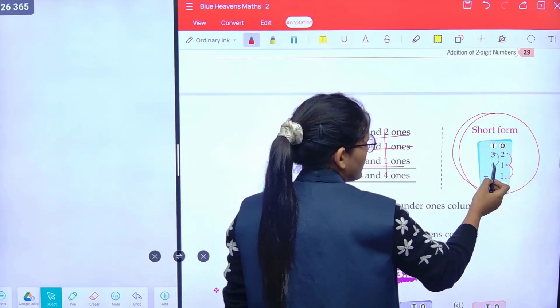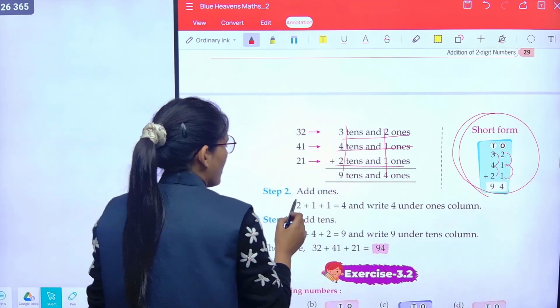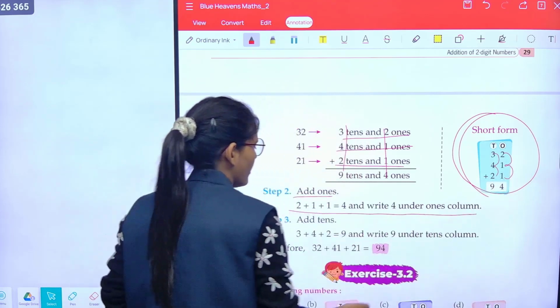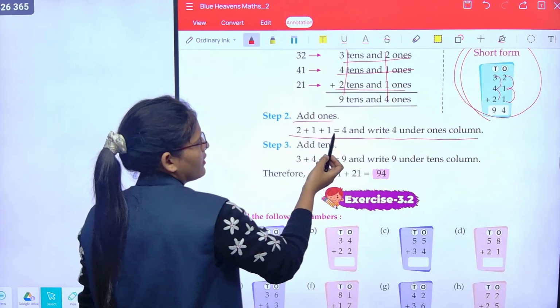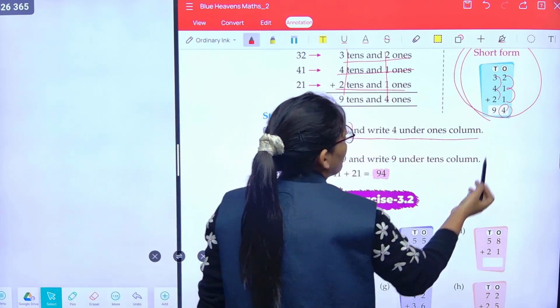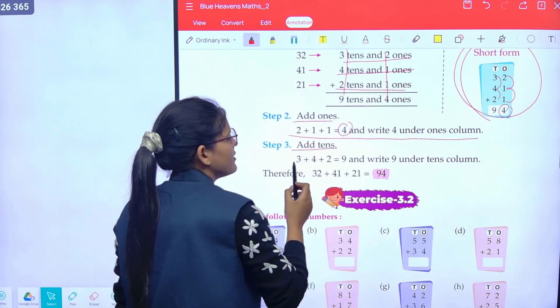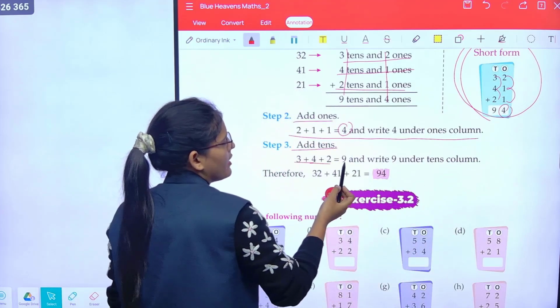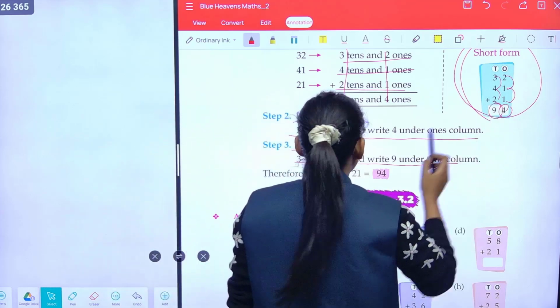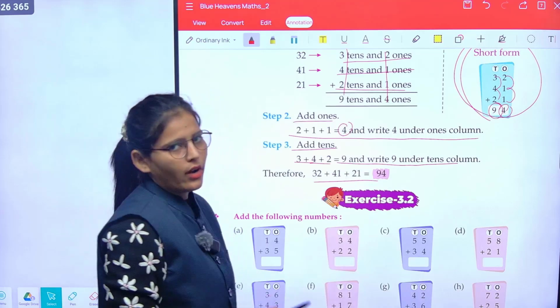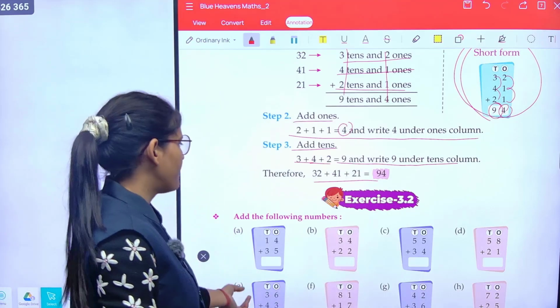Now 3 plus 4, 7, 7 plus 2, 9. Firstly add the ones. 2 plus 1, 3, 3 plus 1, 4, right? 4 under the ones column. Now add tens. 3 plus 4, 7, plus 2, 9, right? 9 under the tens column. So 32 plus 41 plus 21 is equal to 94.